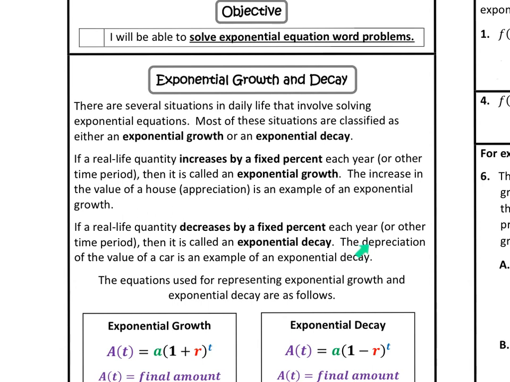The depreciation of the value of a car is an example of exponential decay. So if you purchase a car and you drive it off the lot, it actually depreciates in value if it's a brand new car. And each year that you keep that car, it will decrease in value.